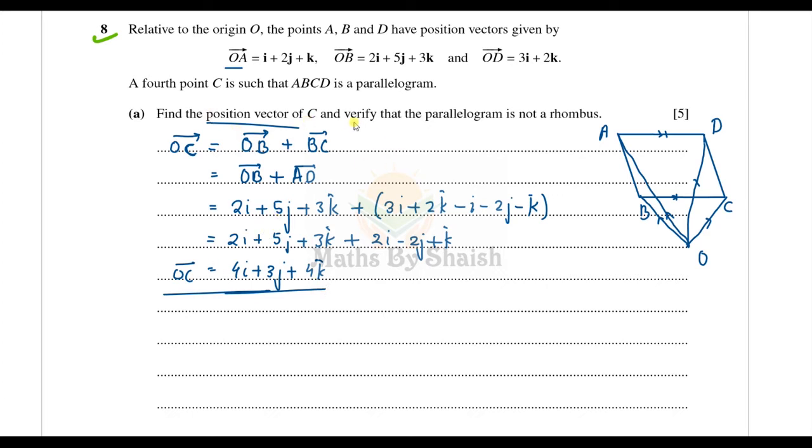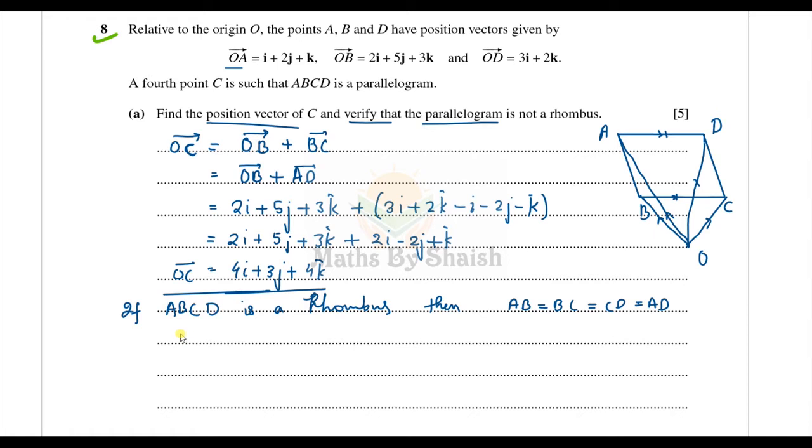Now we need to verify that the parallelogram is not a rhombus. We know that in a rhombus all the sides are equal. So if ABCD is a rhombus, then AB should be equal to BC, should be equal to CD, should be equal to AD.